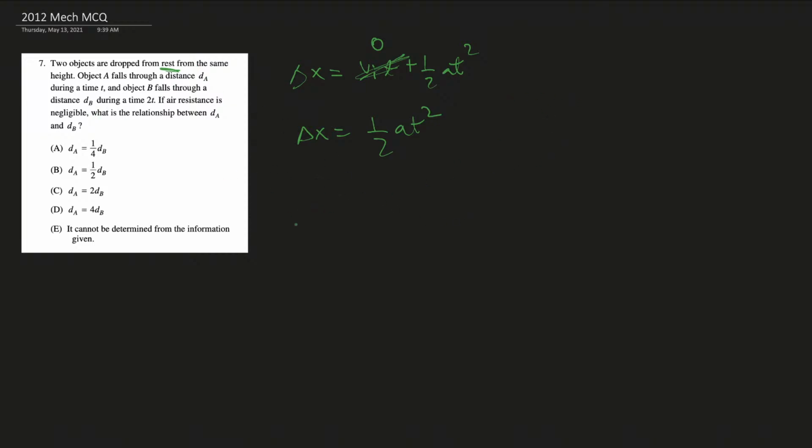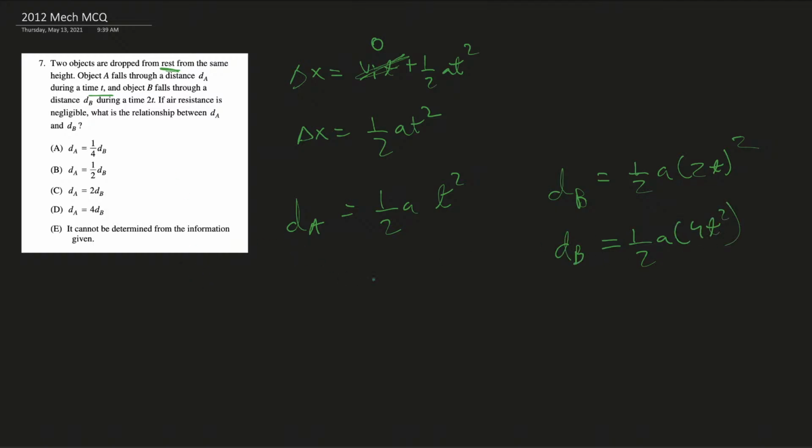They say that the object falls through a distance dA if we let it pass through a time t. For object B, if we let it pass through a time 2t, then it passes through a distance of dB. So if I just plug in 2t here, that gives us 1/2 a (4t squared), which is equal to dB.